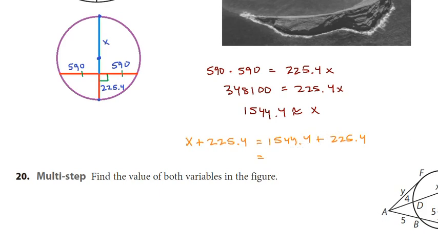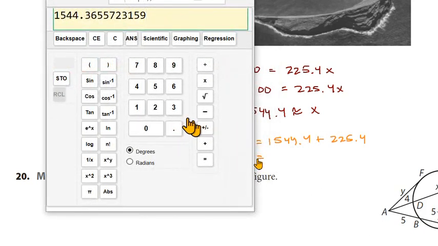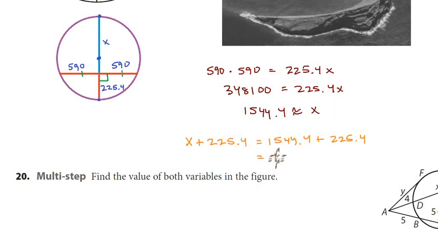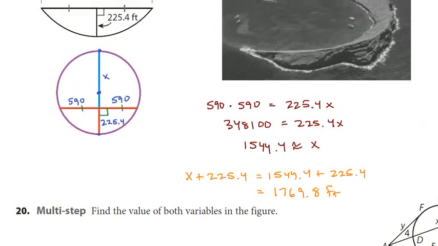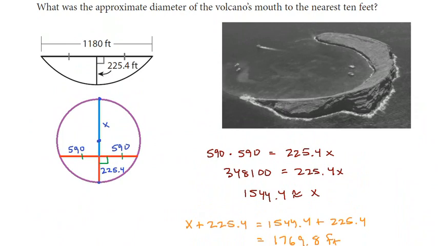Let's add that up together. 1544.4 plus 225.4 equals 1769.8, and our unit of measure here is feet. So there is the diameter of this crater, the original crater before part of this is now underwater.